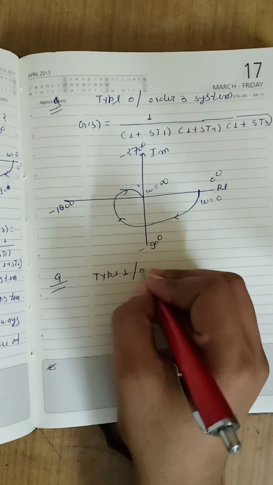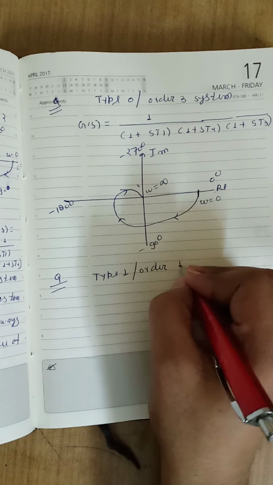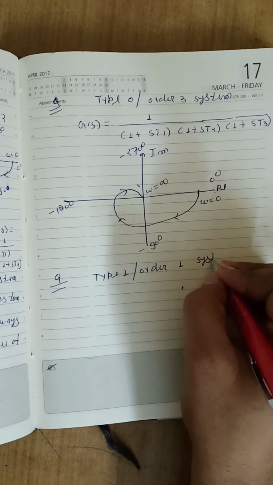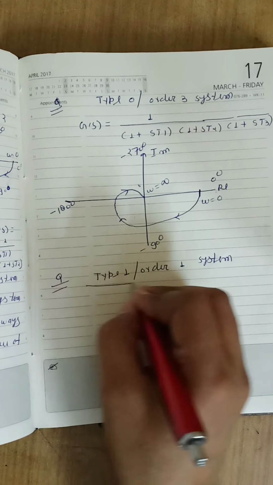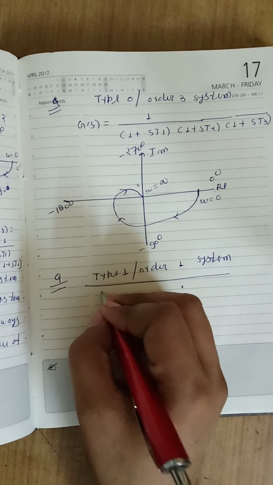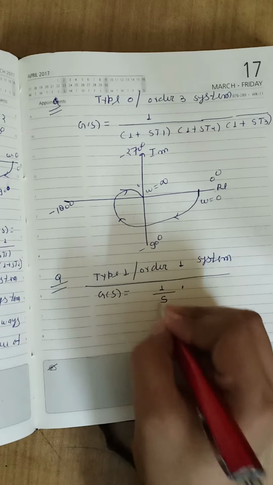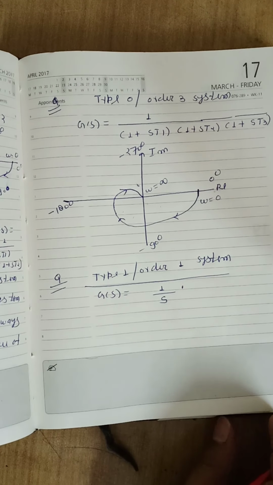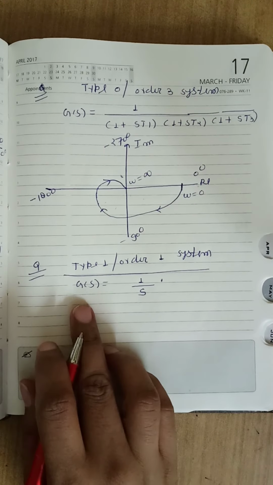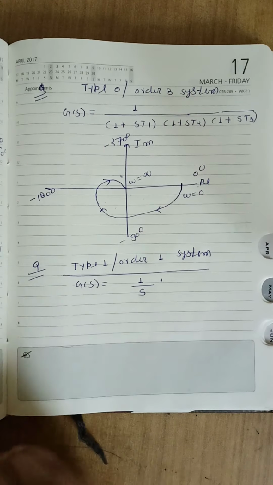Now let us consider a type 1 order 1 system. Type 1 order 1 system means we can write the transfer function as 1 by s. So for type 1 order 1, let us see how we can draw it.